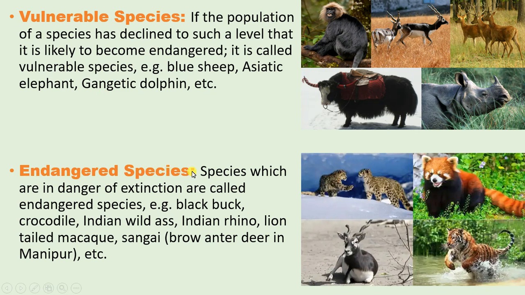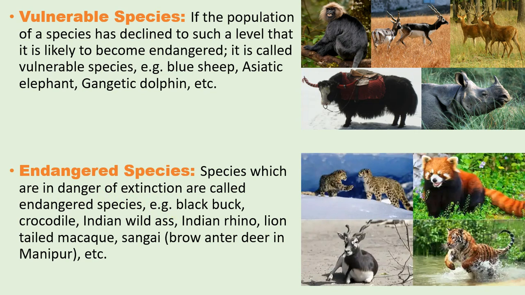Endangered species. Species which are in danger of extinction are called endangered species. Means their number is day by day decreasing, and it is estimated, believed, and observed that if proper measures are not taken, they may become extinct from Earth.